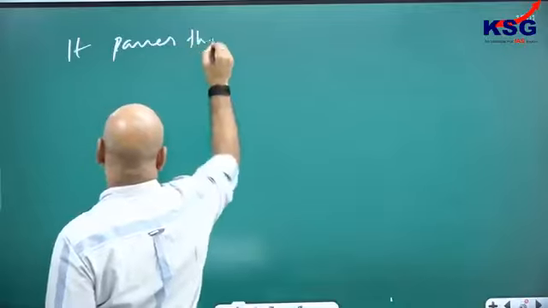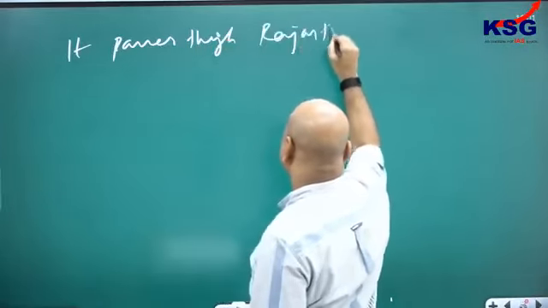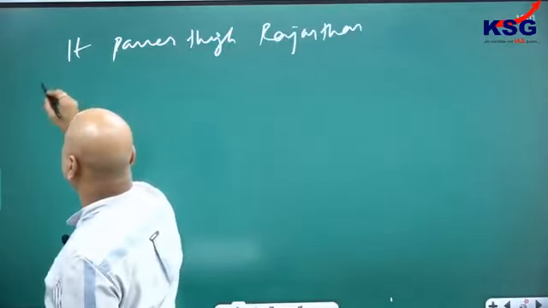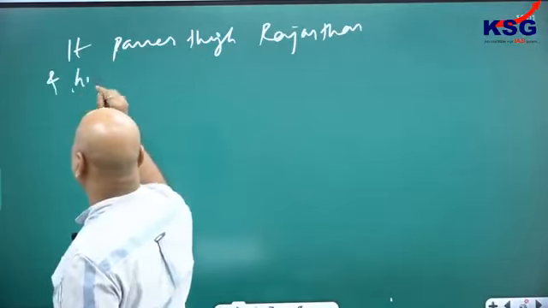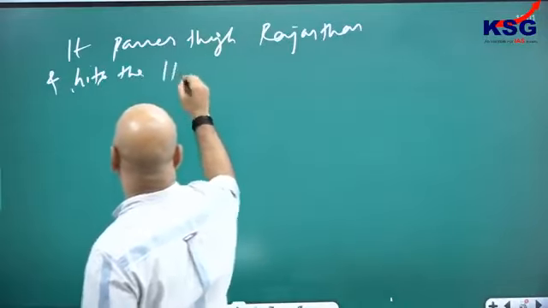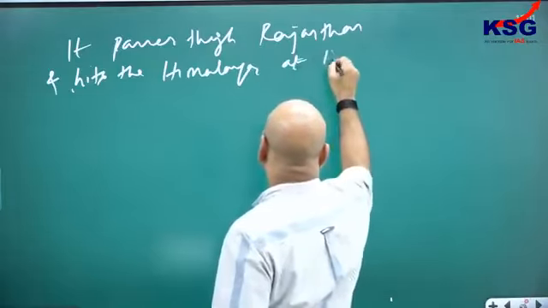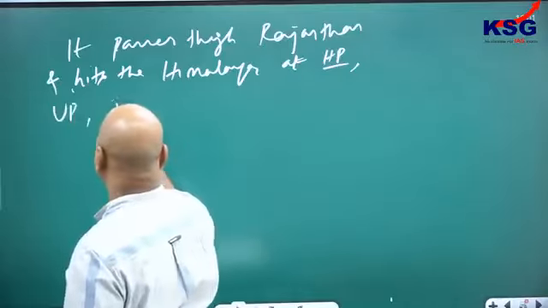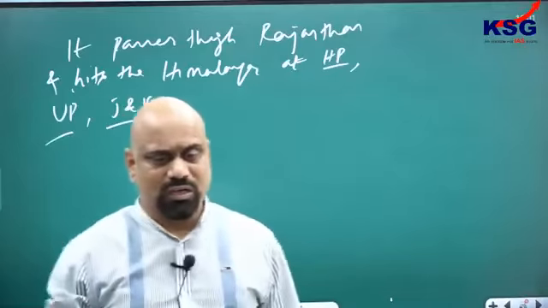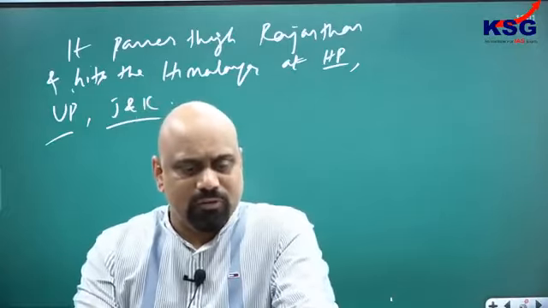You can see it passes through Rajasthan and hits the Himalayas at Himachal Pradesh, Uttarakhand, Jammu and Kashmir, and gives rainfall.